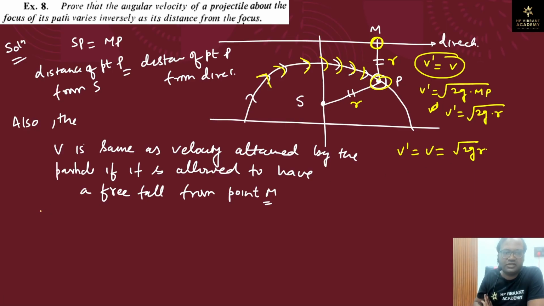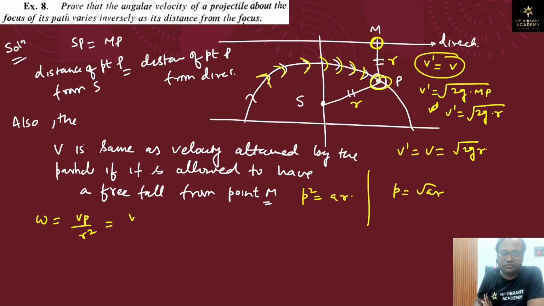Now we have the angular velocity equal to Vp upon R square. And p square is equal to AR, so we can write p is equal to root under AR.